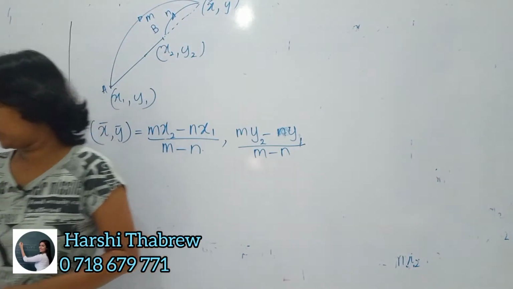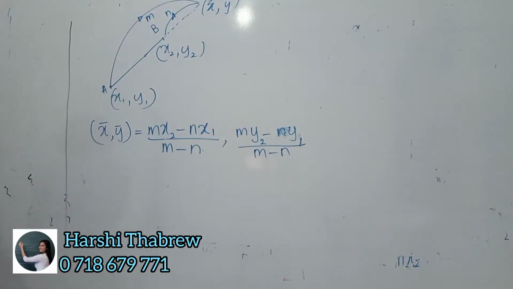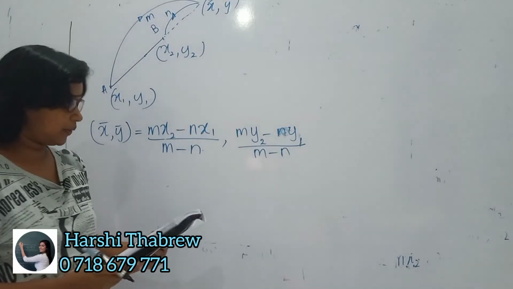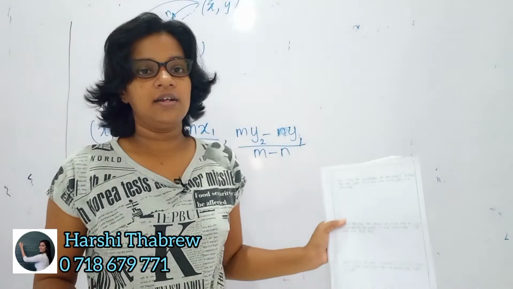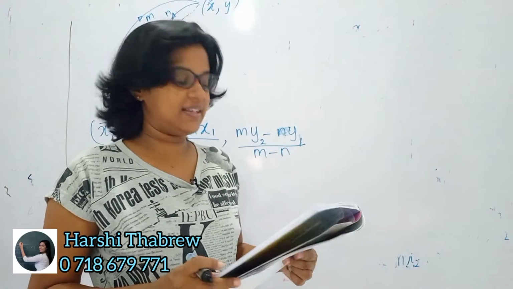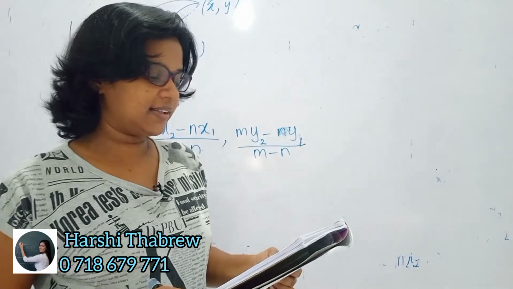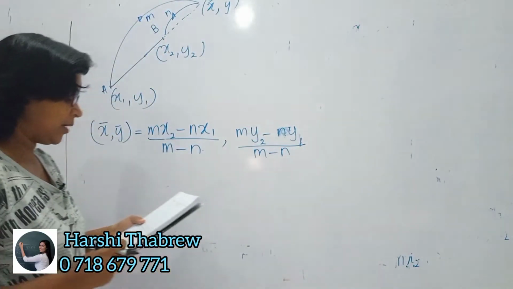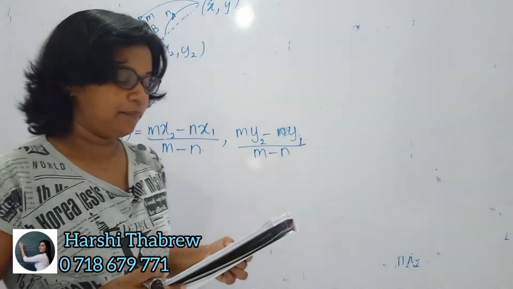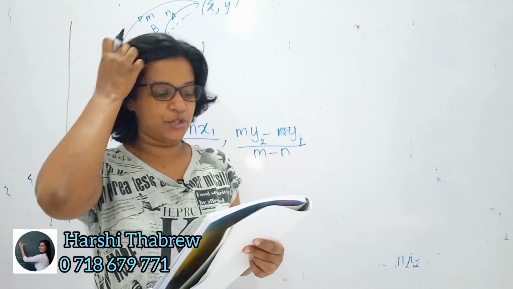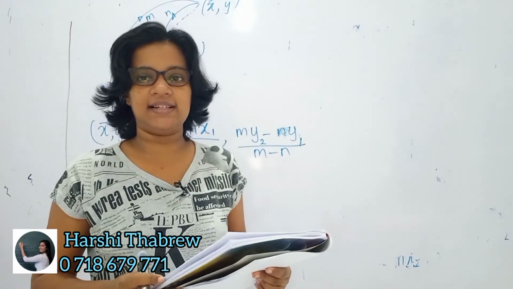Okay, then today we have to discuss the questions given in the tute. First one is easy. Find the coordinates of the point dividing the line joining (4, minus 1) and (0, 3) in the ratio 2 to 3 externally.